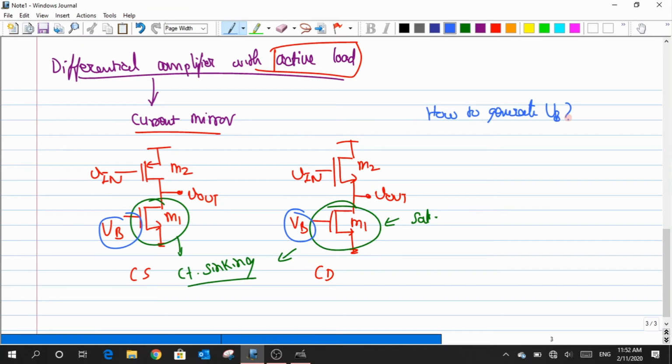Yeah, so there are different ways by which I can generate this potential of VB. Okay, I'll just go ahead with one that we will not practically use, and later we'll come up with some sort of result which we will quite often use in our circuits. Clear? So I need a value of VB.